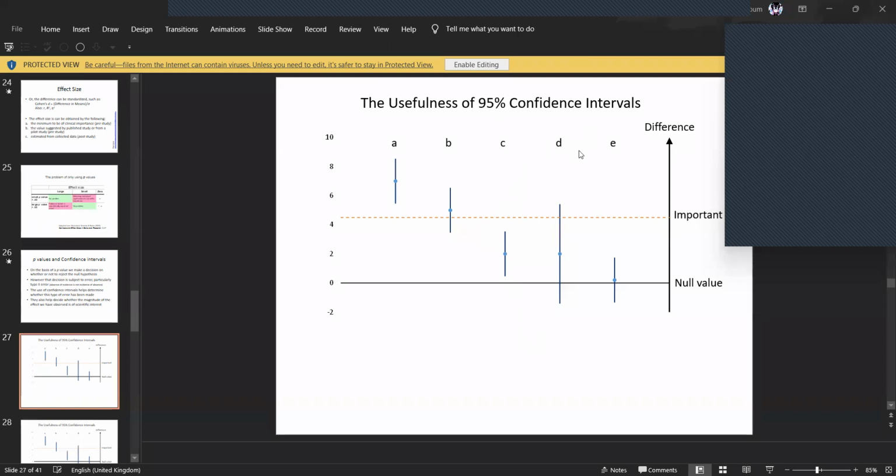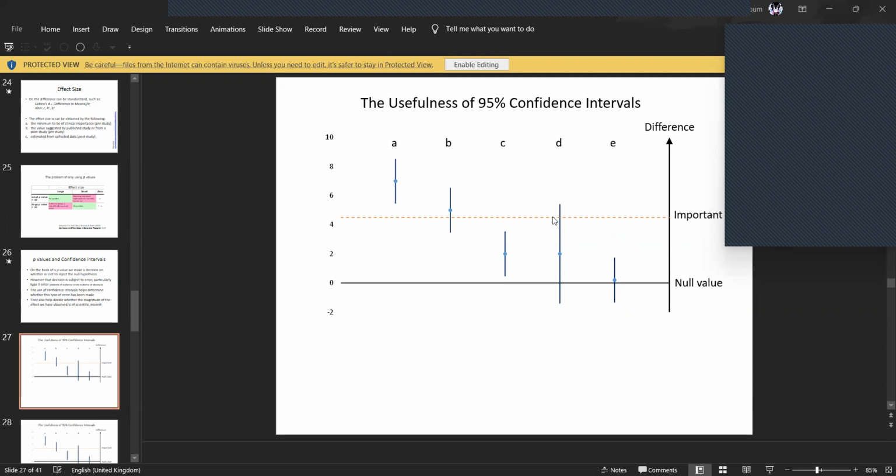Okay. For D, it is crossing the null value. So what that tells us is that it's not statistically significant. However, it's also crossing the line where we set our effect size.